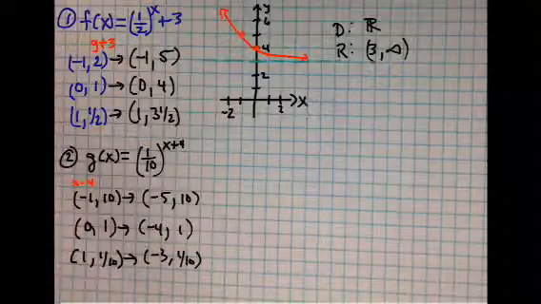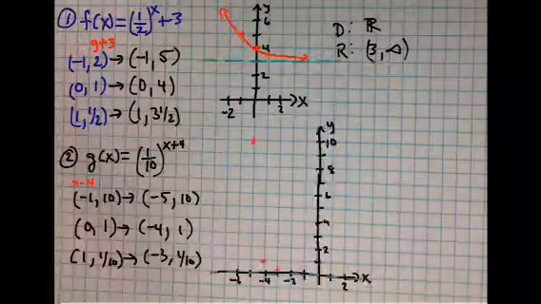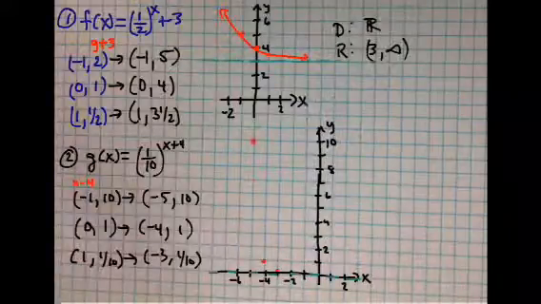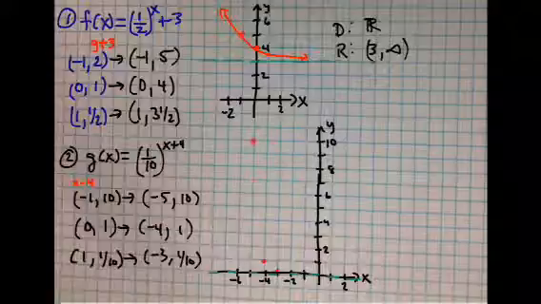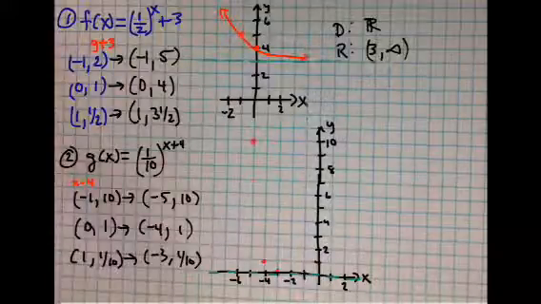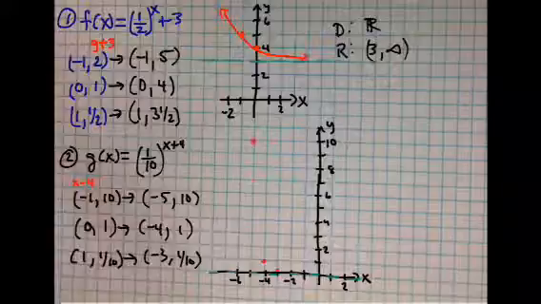Okay, and that's it. We're going to graph it. So there are the 3 points plus the horizontal asymptote. Because k is 0, because there's nothing right here, I drew the asymptote at y equals 0. Now we're going to connect the points. It's a very steep curve because the base is 1/10, and when you take the reciprocal, it's 10.